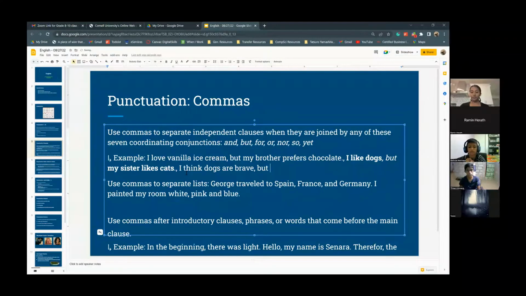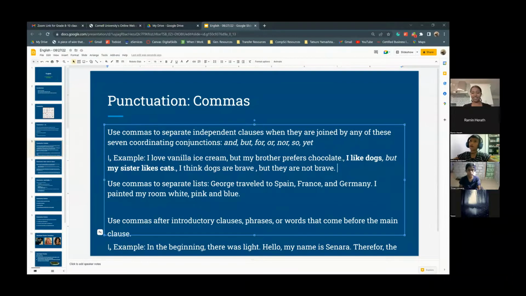Using that structure, can anyone give me another example using a different conjunction? So not using but, you can cancel that one out. Can someone give me an example of using a comma to combine two sentences, using a conjunction and a comma?